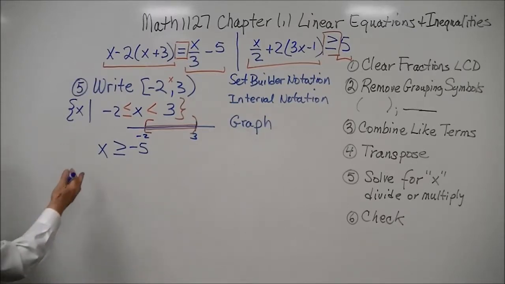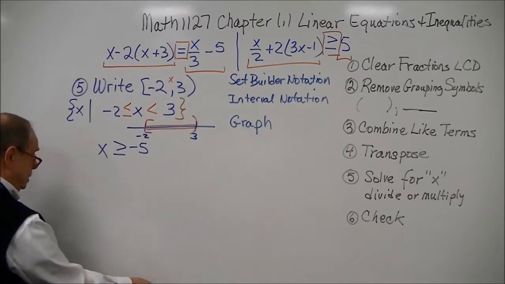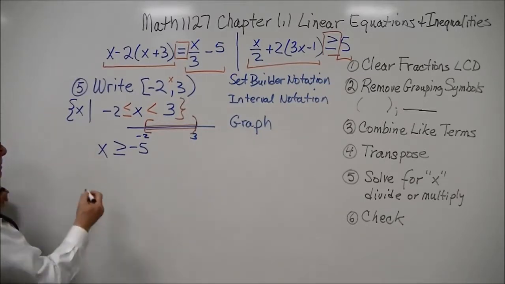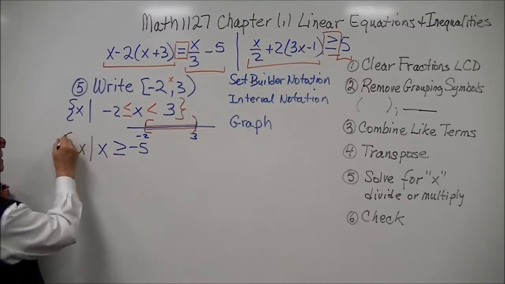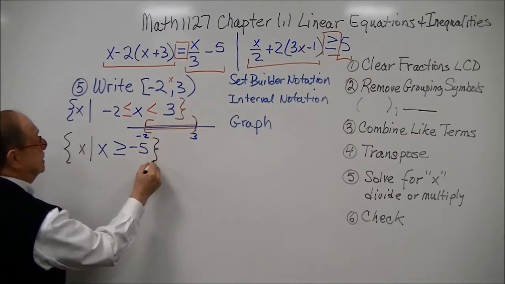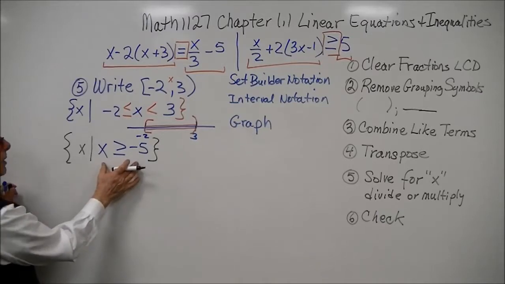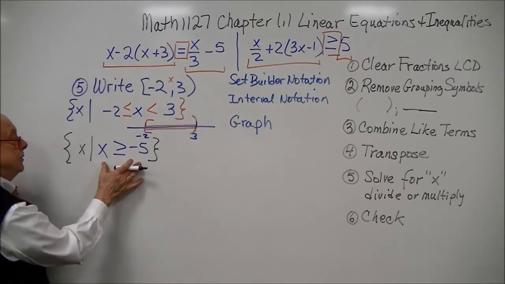Okay, now this one is sort of in its equation. To put it in set builder notation, all we would have to do is put a bar, an x there, braces.